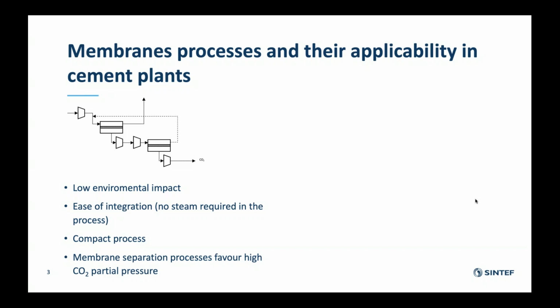And in this case, we want to separate CO2, so CO2 permeates more than nitrogen. And of course, the driving force is a partial pressure differential, which is created by using a compressor at the feed stage and/or with a vacuum at the permeate side. And in a two-stage process, we have two such membranes, one after the other.